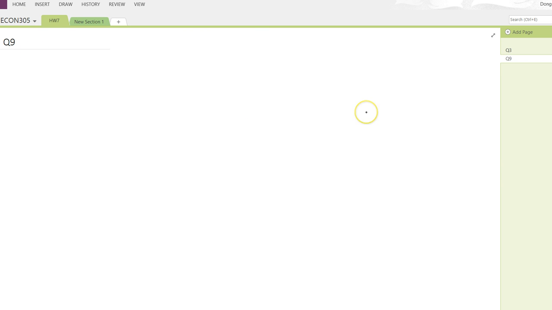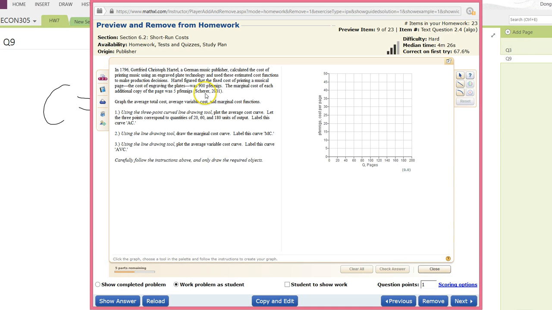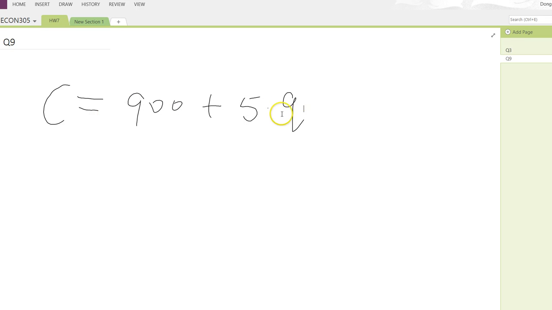makes sense to first write down what's the total cost. So total cost is 900 plus 5 times Q, and here Q is the total number of pages. 900, that's the fixed cost, and 5, that's the marginal cost.